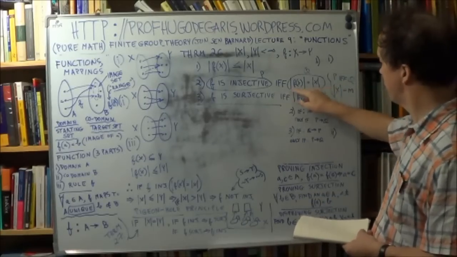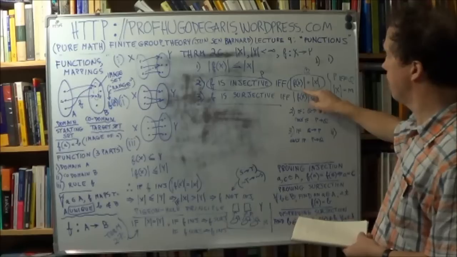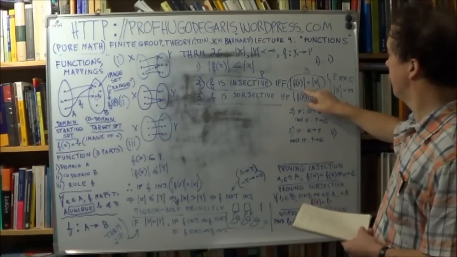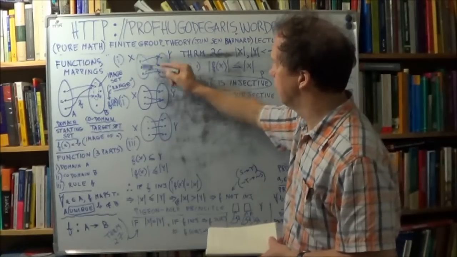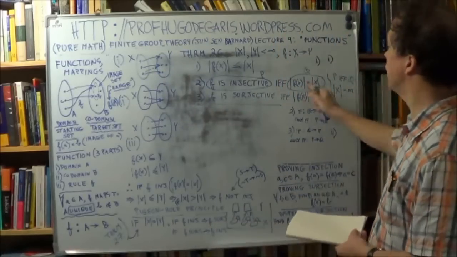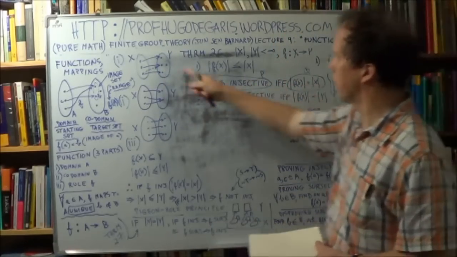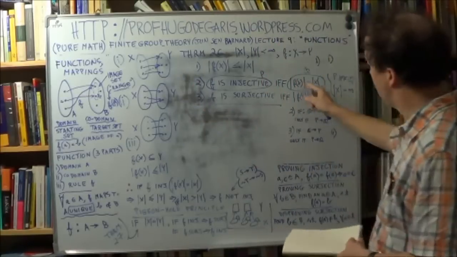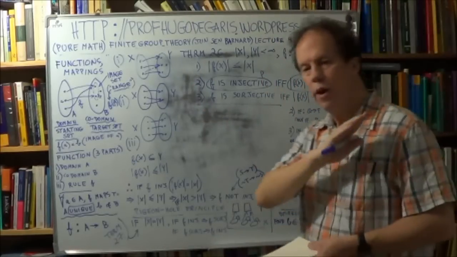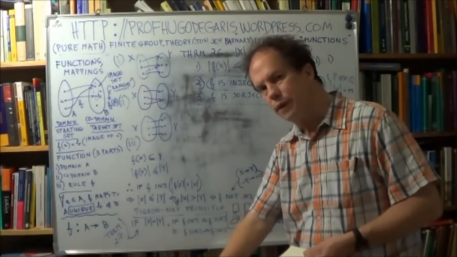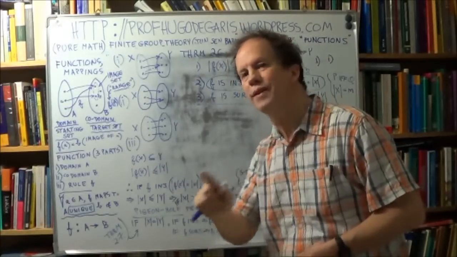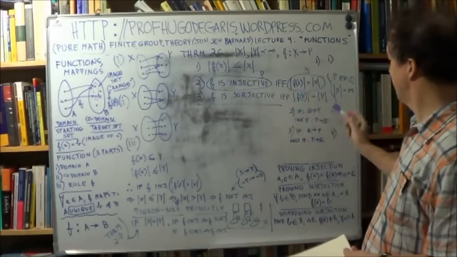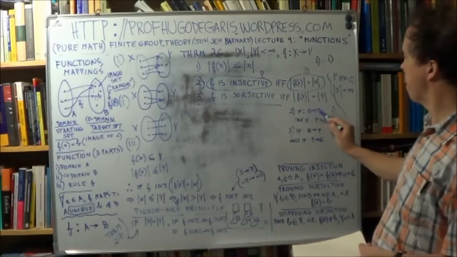What it's saying is the size of your image set is equal to the size of your starting set. Now that can only be true, if you think about it and look at the diagram, if you have no many-to-one mappings. What I've just said is the critical part of this Q to P proof.